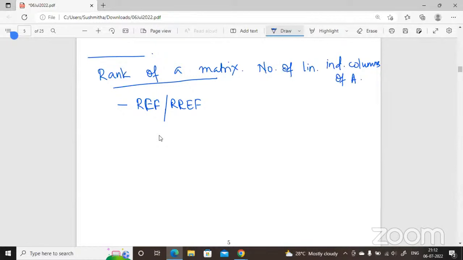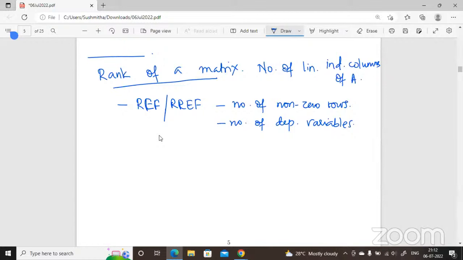So after you convert to REF or RREF, you check the number of non-zero rows. This is also equal to the number of dependent variables. Now we are getting back to the old dependent variables we spoke about in the system of equations.